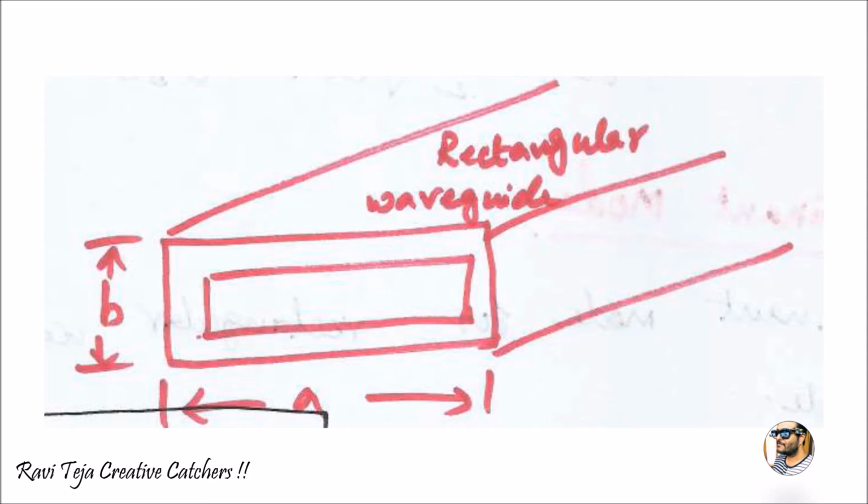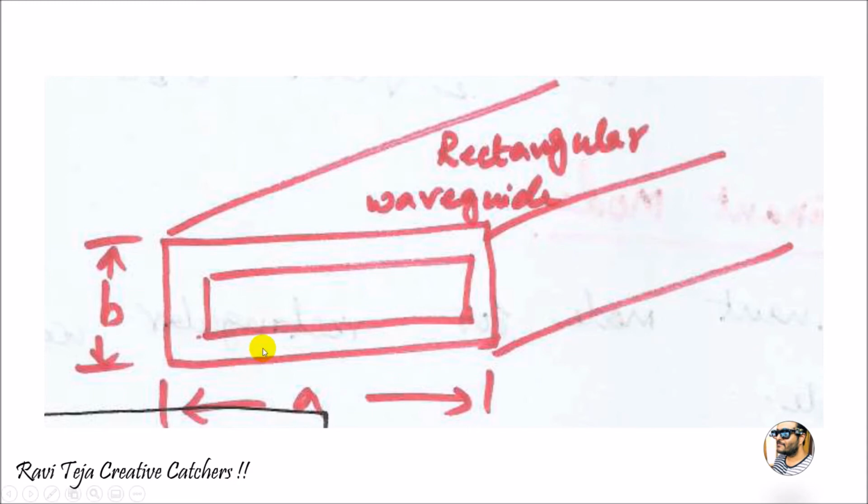See, there are four walls here: the top, bottom, left and right. These four walls absorb the electric field, so it looks as if the electric field is perpendicular to the walls of this particular waveguide. That's why a transverse electric mode is applicable in a dominant mode.